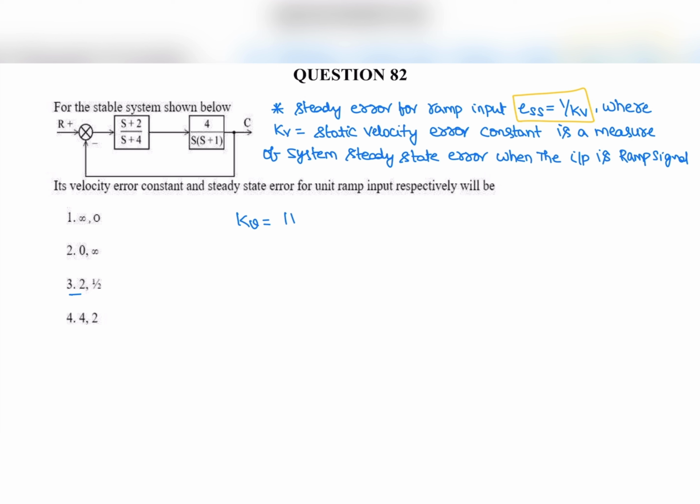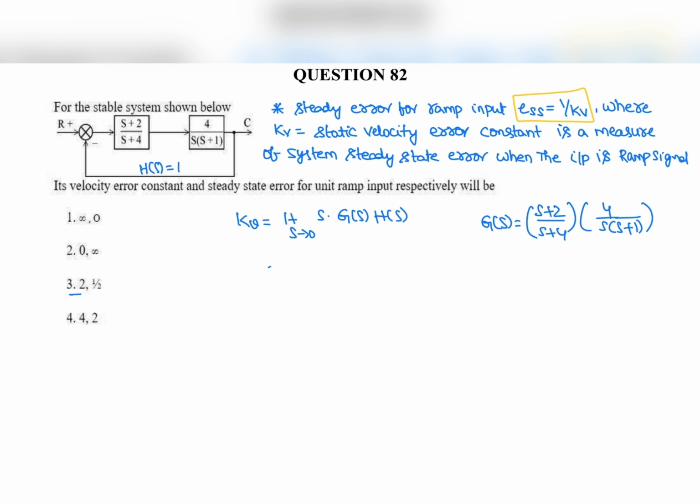It is given as limit s tends to 0 of s into G(s) H(s). Here G(s) is (s plus 2) by (s plus 4), times 4 by s into (s plus 1). This is G(s). These two blocks are in cascade connection, so gains are the product of individual gains. And the feedback transfer function H(s) is unity.